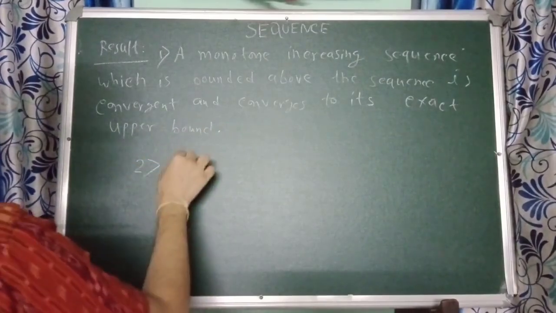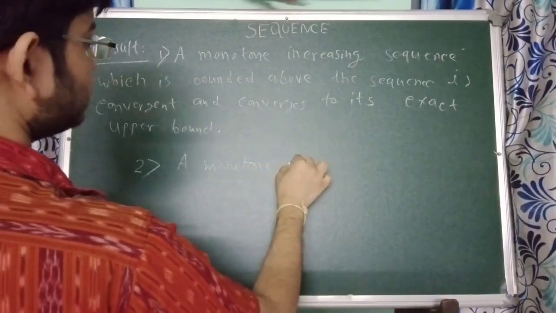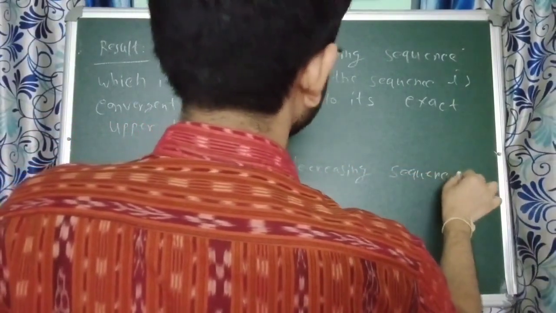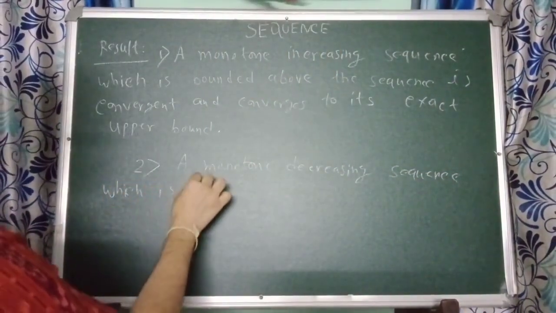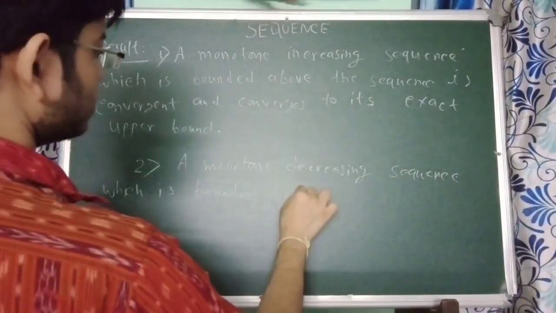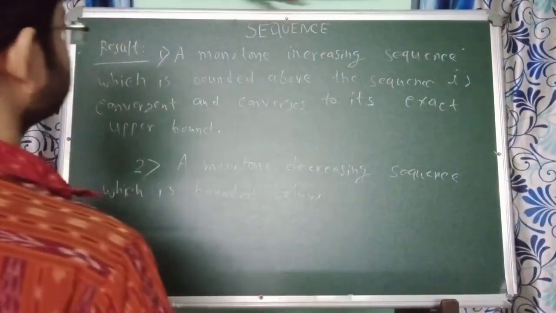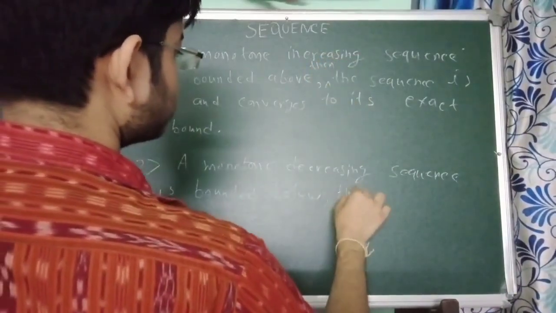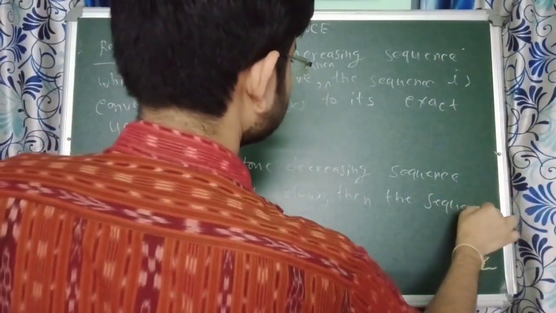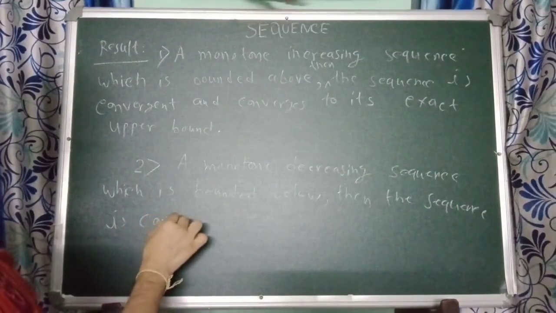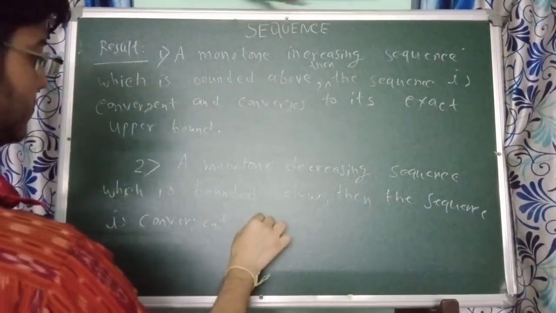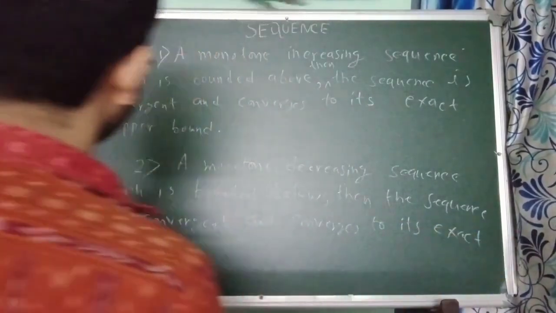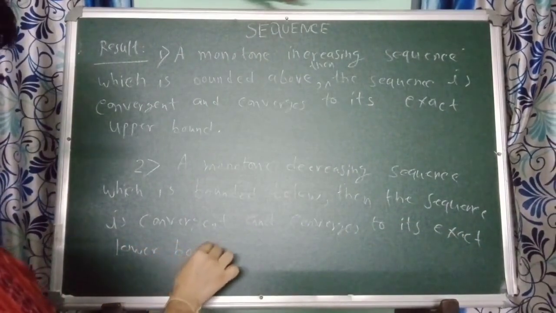And result number 2: the monotone decreasing sequence which is bounded below is convergent and converges to its exact lower bound.